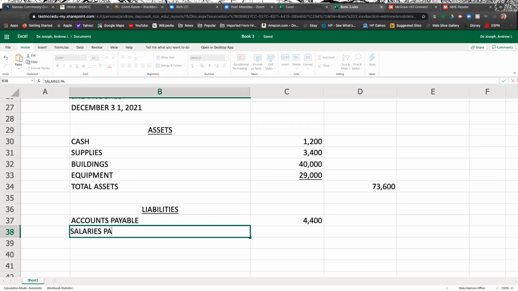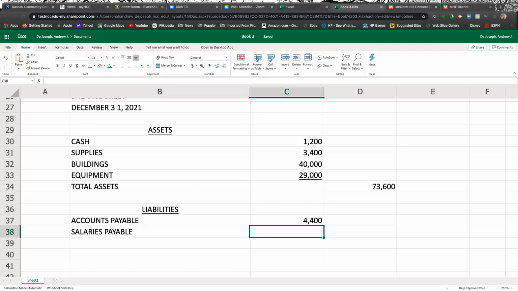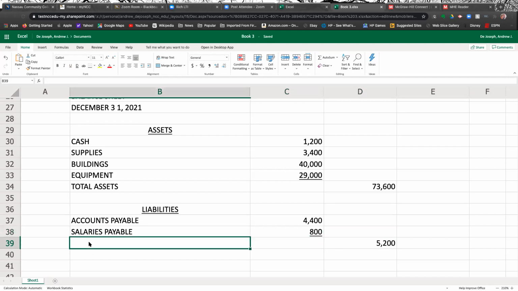Now you see salaries expense, salaries payable. What's the difference? Well, remember, salaries expense is an expense. Salaries payable is a liability. For now, just be satisfied with that. We'll see when we get to chapter 3. We'll make the differentiation between salaries payable and salaries expense. Salaries payable, you owe your employees salary. They've worked, they've earned the salary, but for some reason you haven't paid it to them yet. All right, so that comes out to $5,200 total.